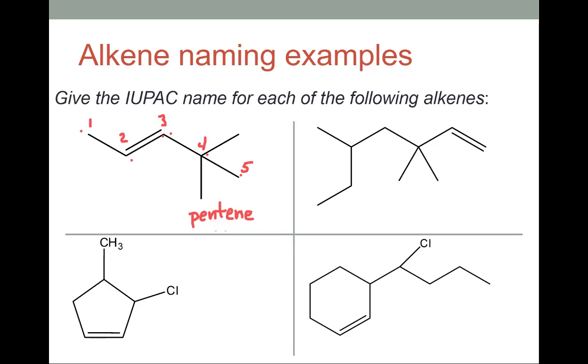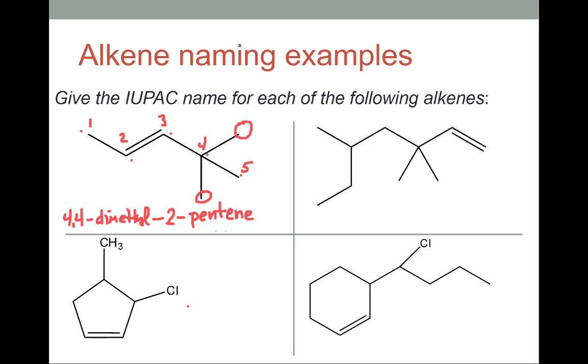Remember, alkenes take precedence here, so this is a 2-pentene, right? And then I have methyl groups sticking off of it, so 4,4-dimethyl-2-pentene. Okay.